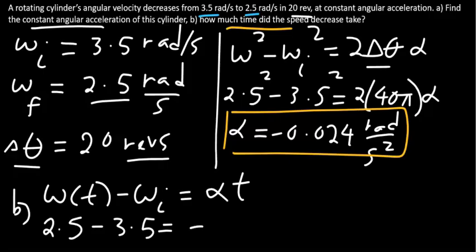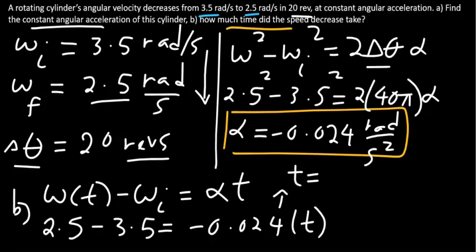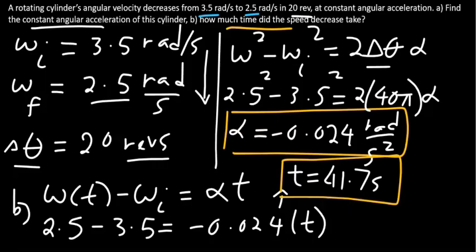Alpha has been determined, minus 0.024. And this change from here to here occurs at time t, and that's what you want to determine. And you can solve for t. And when you do that, you get 41.7 seconds. And that is the answer for part B. And that solves the problem.